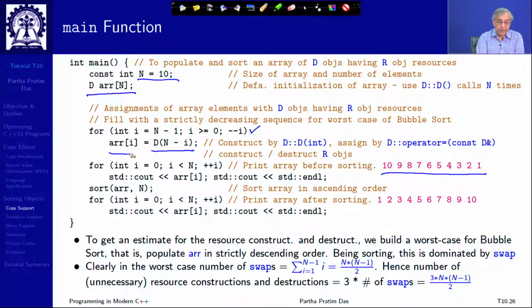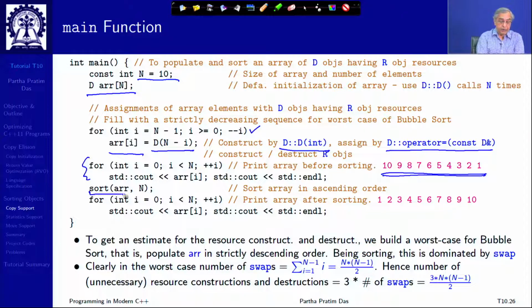Every time I do this, I will construct this D n I by the parameterized constructor. Then I will have to do the assignment using the copy constructor to construct and destruct the R objects as they exist. Right? This is just to print the array, so that I can see what is in it.